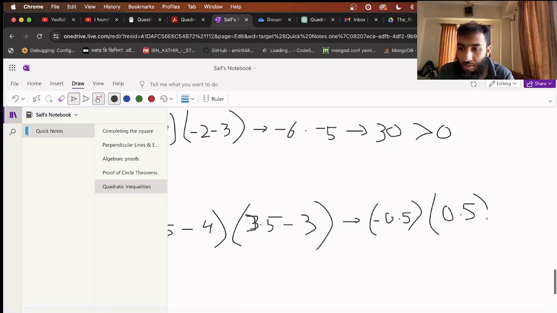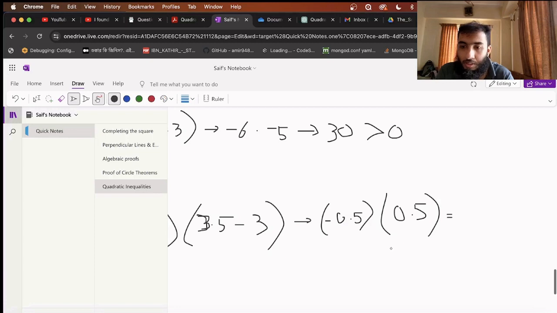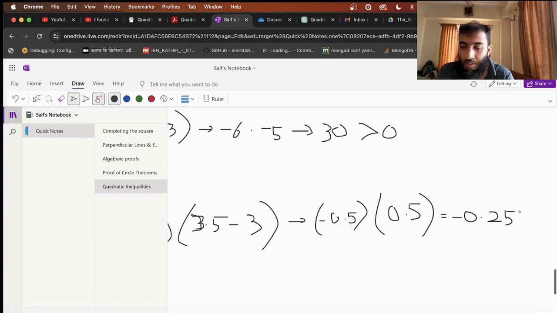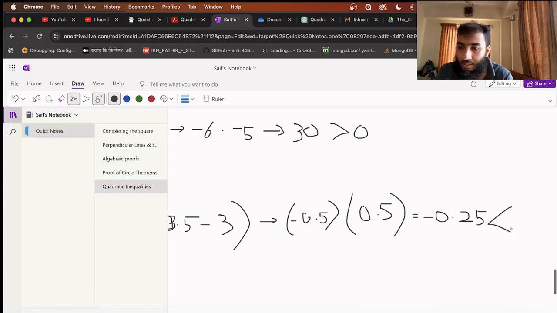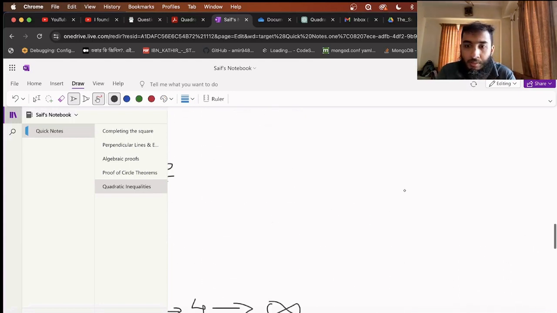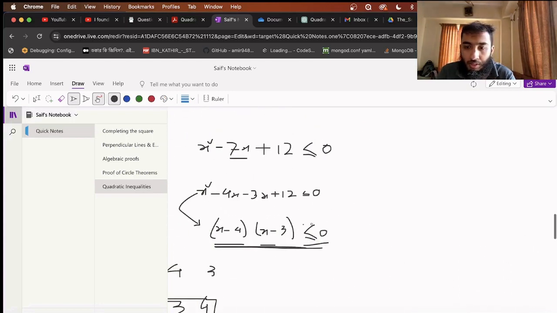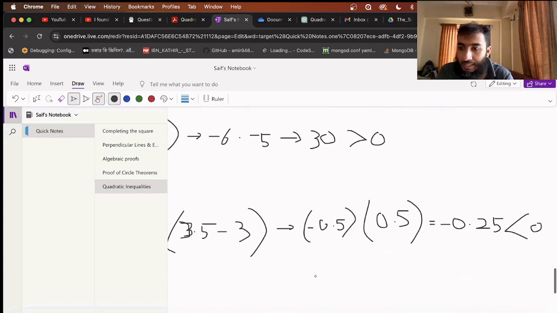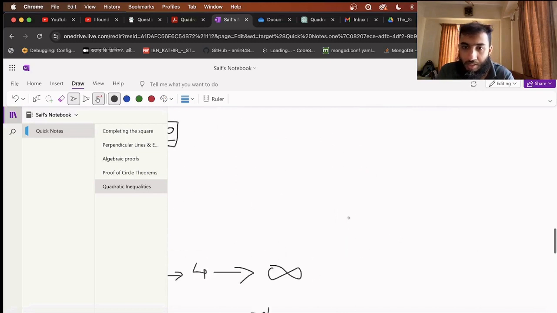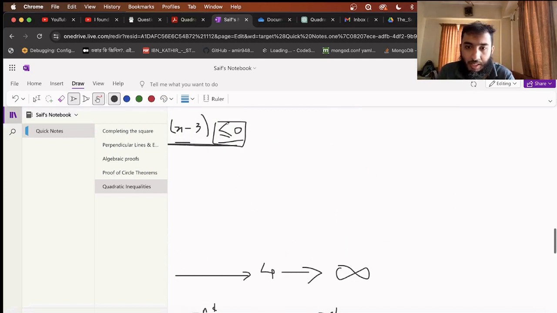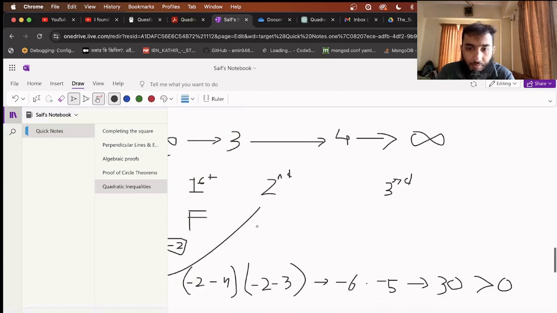So the multiplication of minus 0.5 and 0.5 is minus 0.25, since there is only one minus. So this is less than 0. Does it satisfy the condition less than or equal to 0? Because it's less than 0, it does. So this is true.